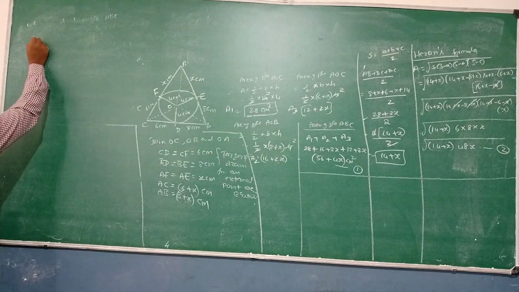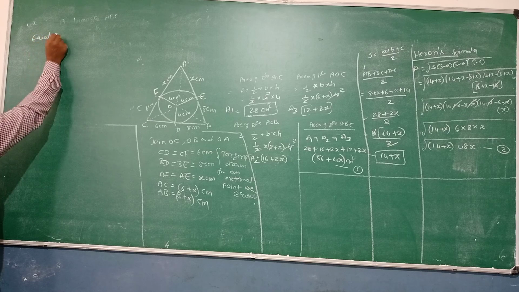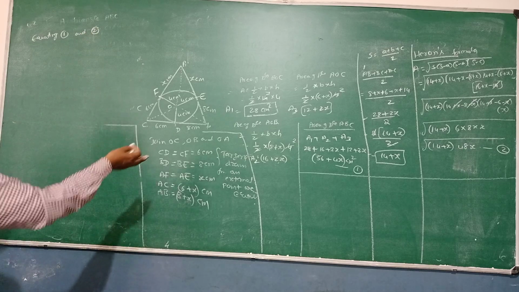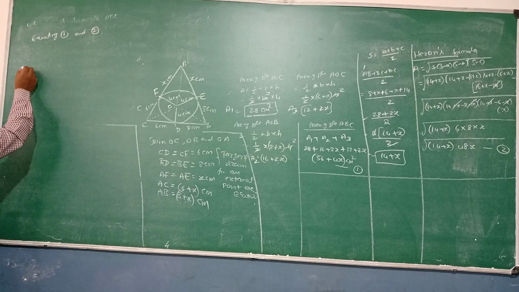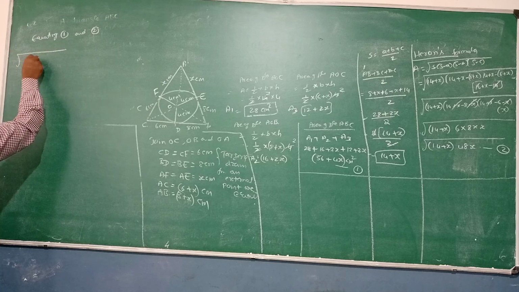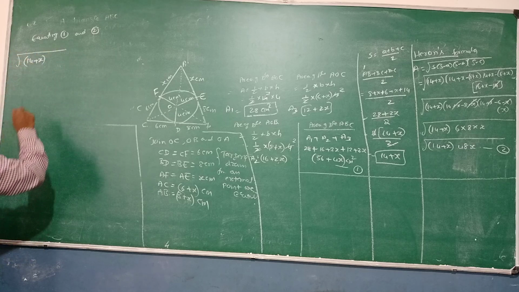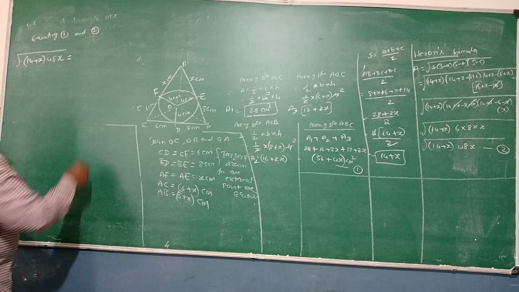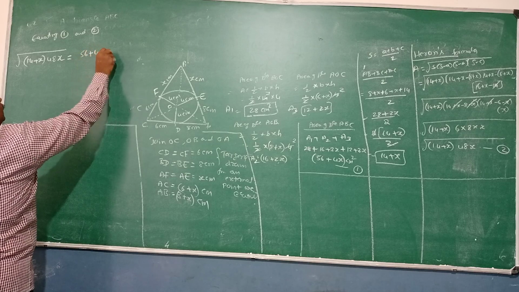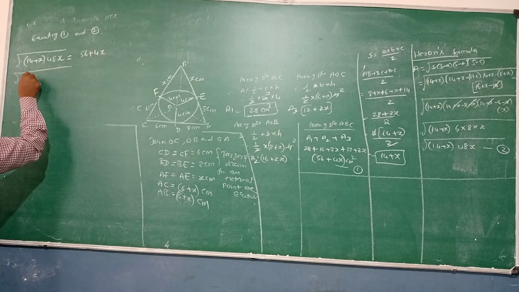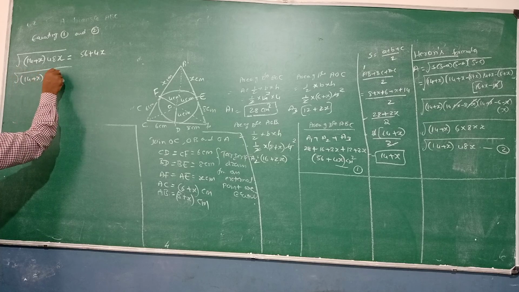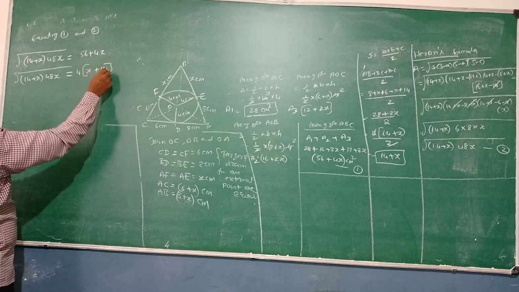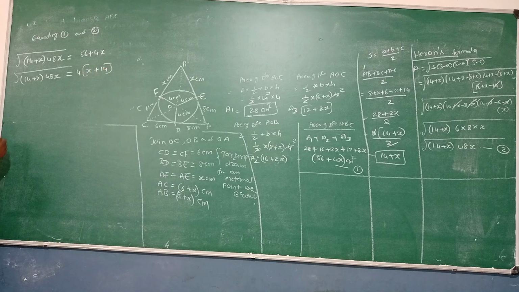Equating 1 and 2. Equating area 1 and area 2. That is also the area. That is under the root of 14 plus x into 48x is equal to 56 plus 4x. 14 plus x into 48x is equal to, 4 is the common factor, x plus 14.